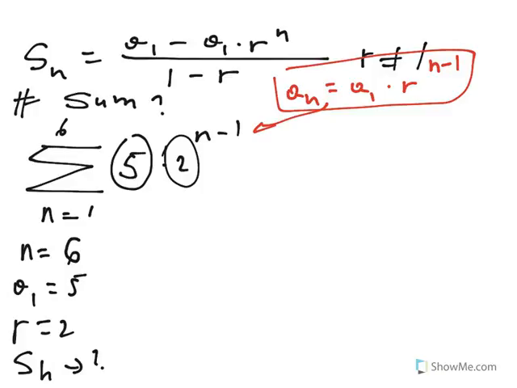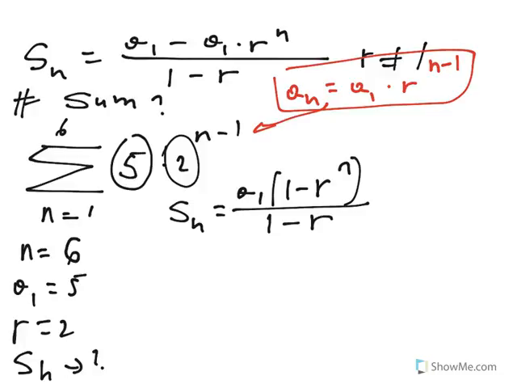Since the sum is a geometric series, I am going to use the formula that I mentioned above. If you find the greatest common factor here, because you see that a sub 1 is in both terms, I can say S sub n equals a sub 1 times the quantity 1 minus r to the power of n, over 1 minus r.